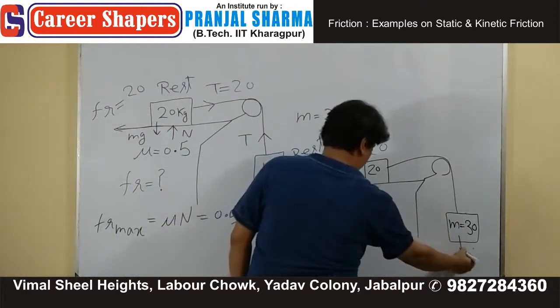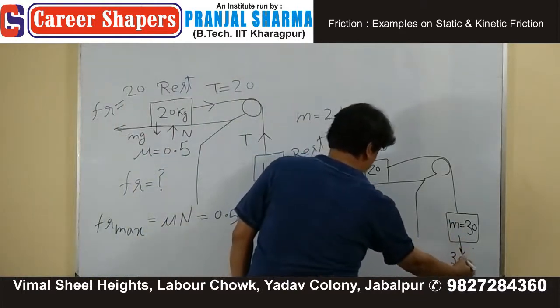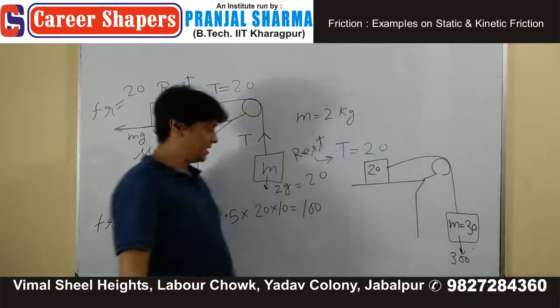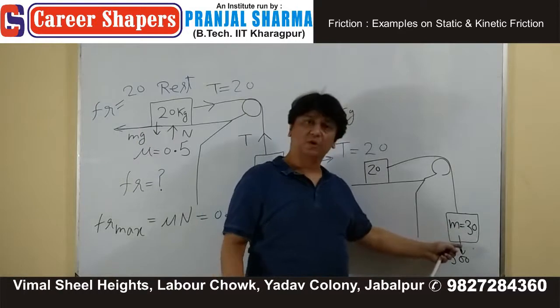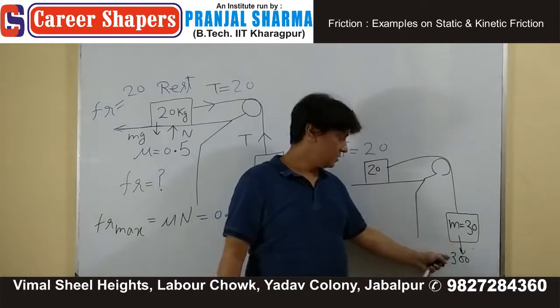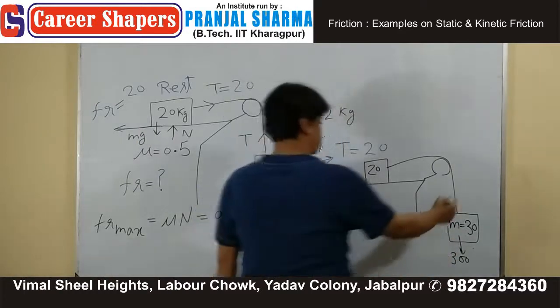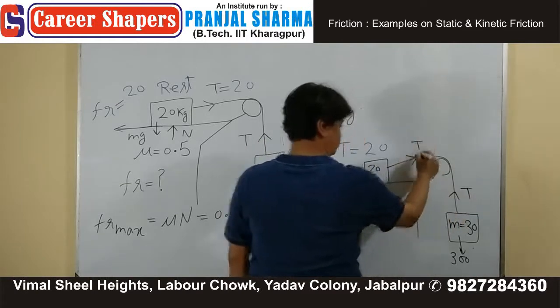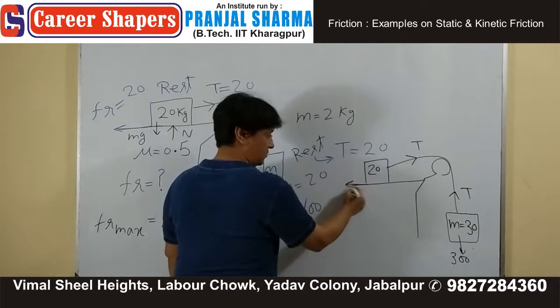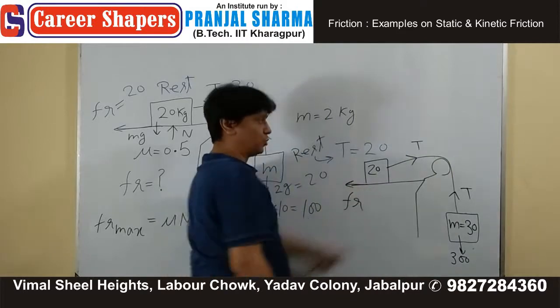What is the downward force? 300. Let's save time. mg, 30g. What is 30g? 300. This is T. This is T. Friction will be acting in this direction to oppose this.